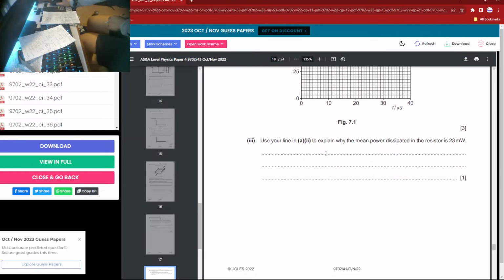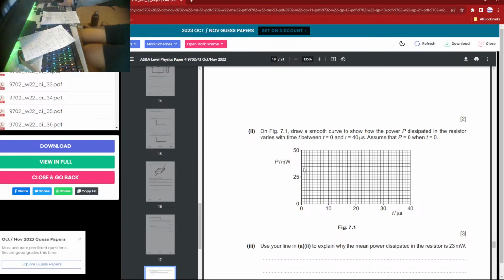Use your line in A2 to explain why the mean power dissipated in the resistor is 23 milliwatts. So for the mean power, you will just have to find 46 divided by 2. That's your mean, 23. 23 is actually where they're symmetrical. You know, the line 23, that's where it becomes symmetrical.